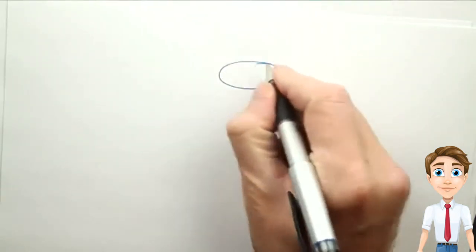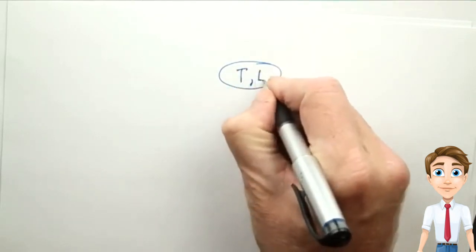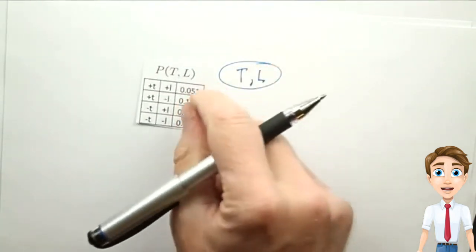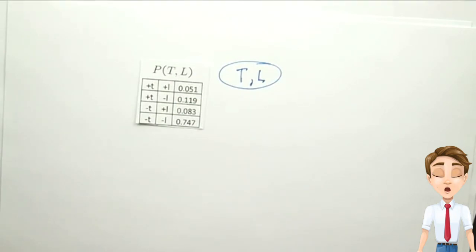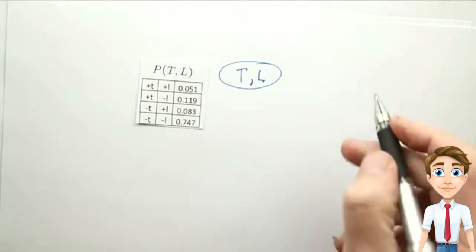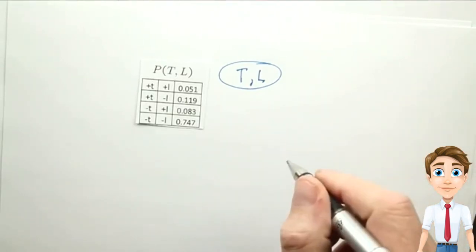Now we're down to a network with a single node, TL, with this joint probability table. And the only operation we have left to do is to sum out to give us a node with just L in it.